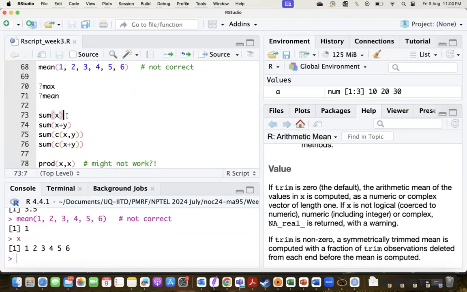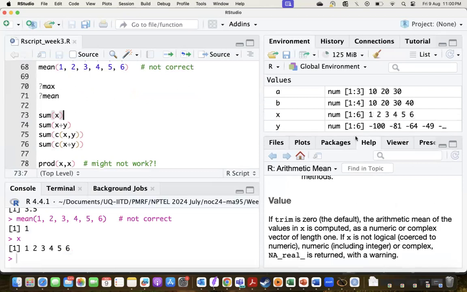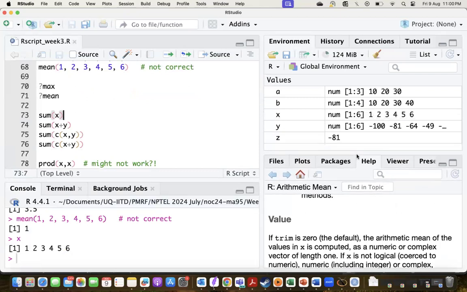If I write sum x, what is it going to give me? What do I get if I sum the vector x? I don't need the numerical answer. You can just tell me what's going to happen. It will add all the elements. Perfect. Simple, right? So the sum is 21.